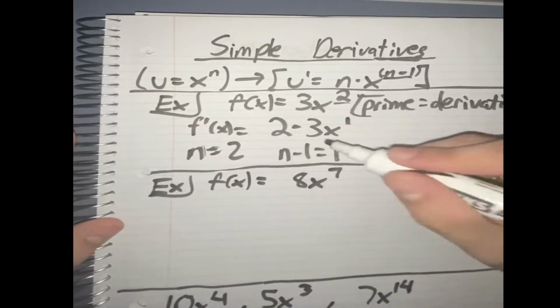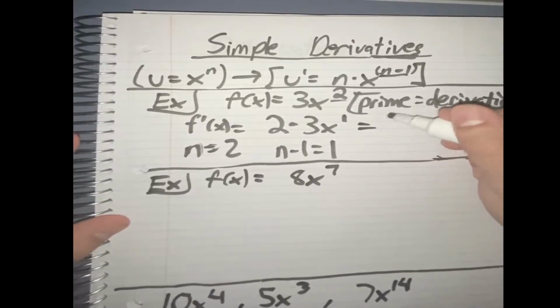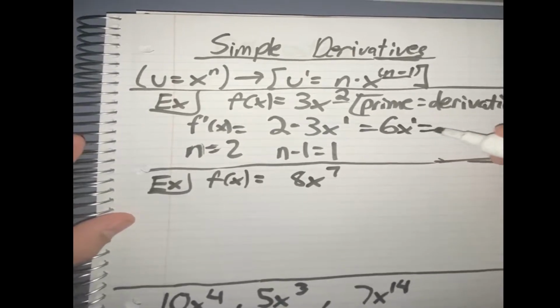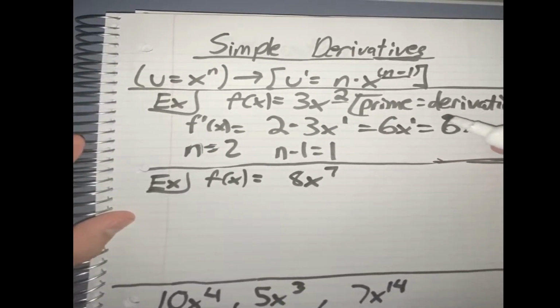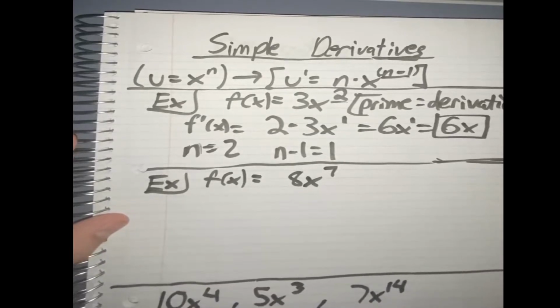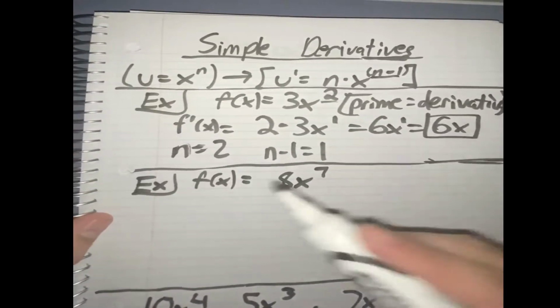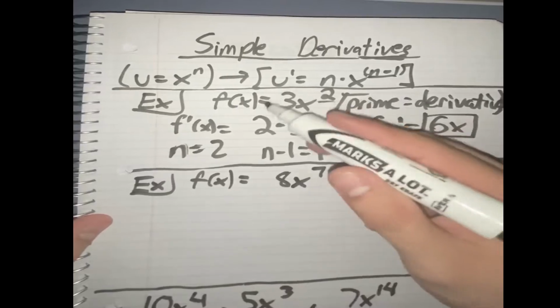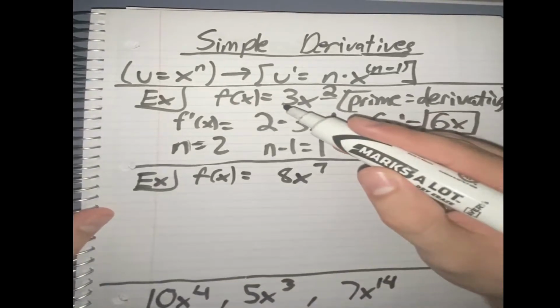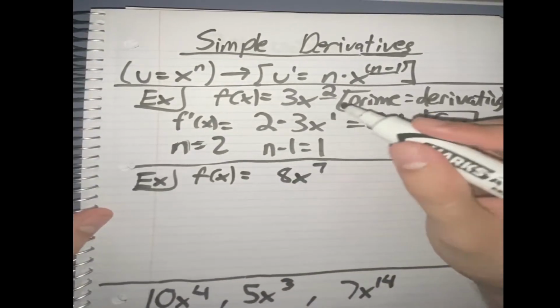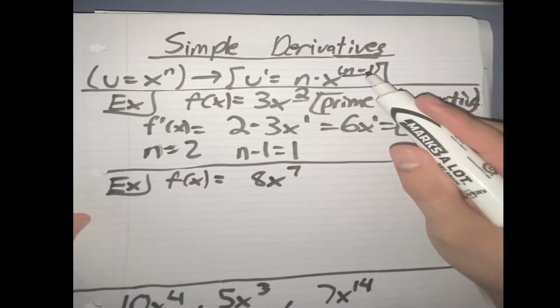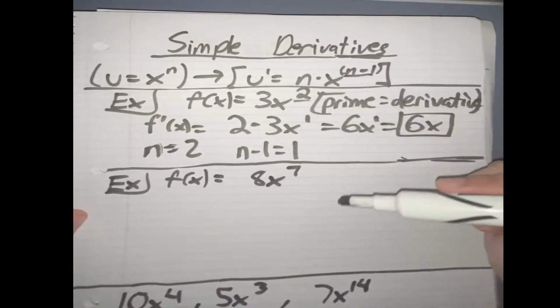Simplifying, 2 times 3 is 6x to the 1 power, which is simply 6x. That's how you take a derivative. Identify your exponent, move it to the front, multiply by the constant, and then subtract: your new exponent will be n minus 1.